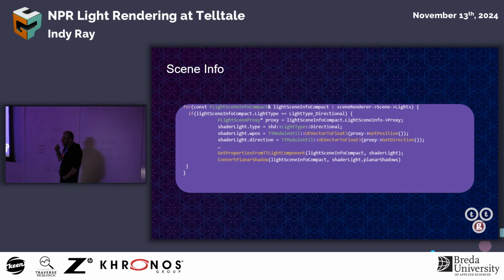Similarly, it's quite trivial to get most of the scene info you care about. The primary scene info we care about is lighting parameters. So you can go through their scene renderer, and they have a bunch of light info and similar info for other types to get lighting parameters that we just marshal into our own data types.